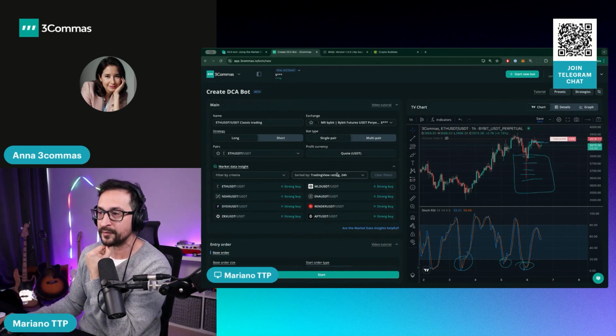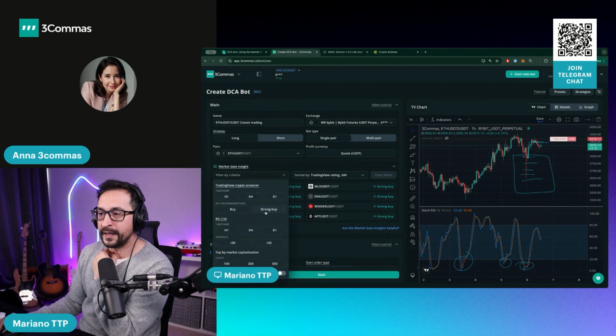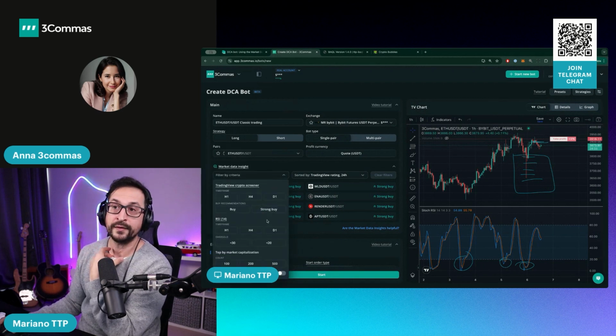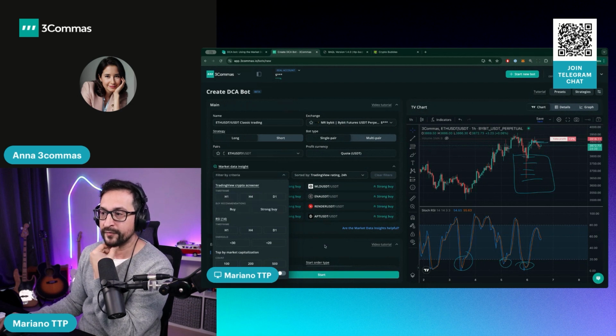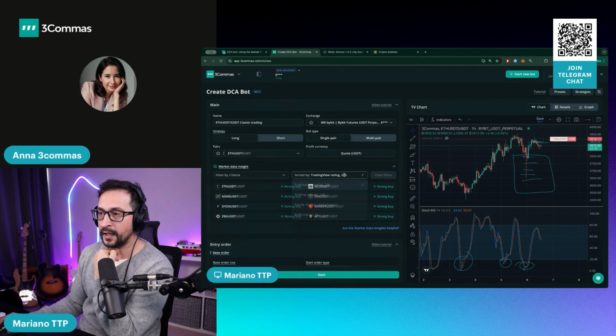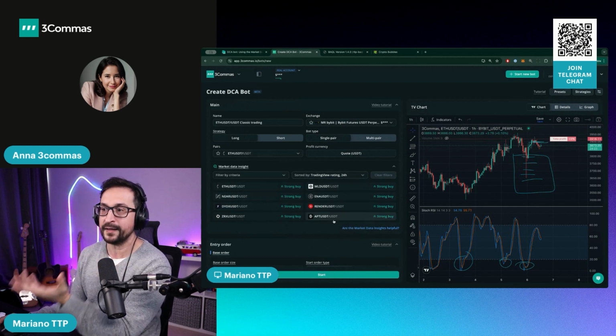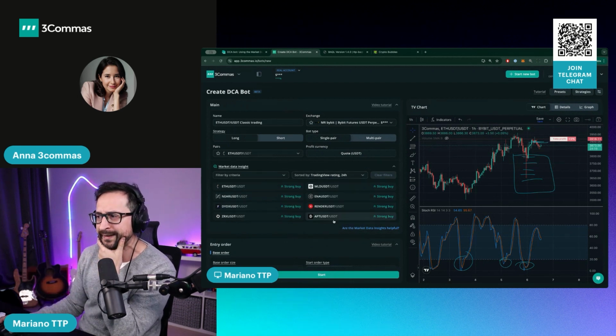So that makes it really great. But the thing I'm still missing is getting this in an automated way. Once I select my criteria for selecting the coins and the particular sorting criteria as well, I would like the bot to pick those coins automatically.